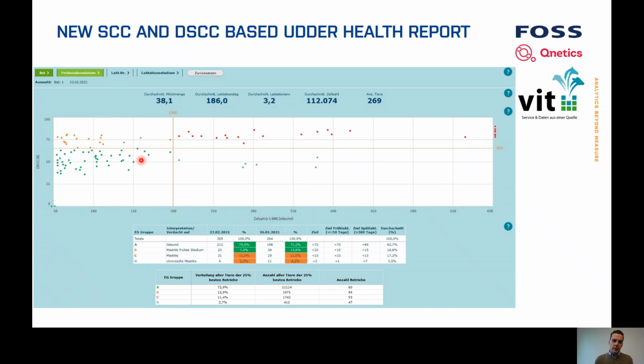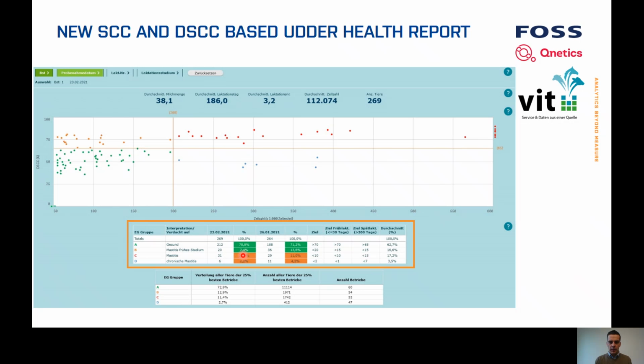So what we can see here is the herd results for the 4 different udder health groups in this graph, and then the heart of the report is basically this table, where we get an overview on how many cows are there in each of these 4 different udder health groups.